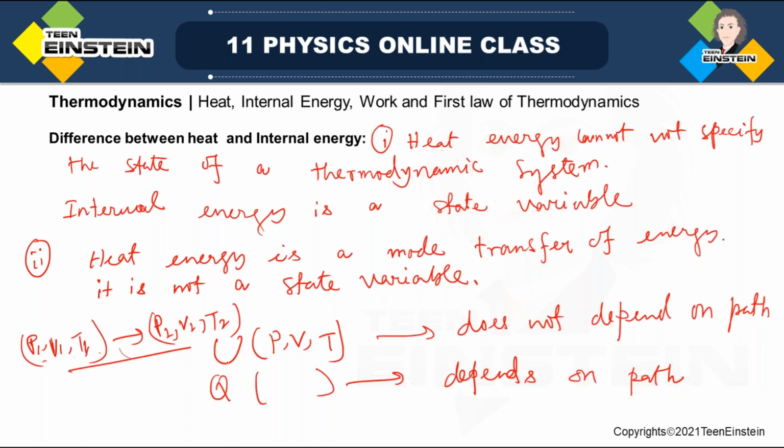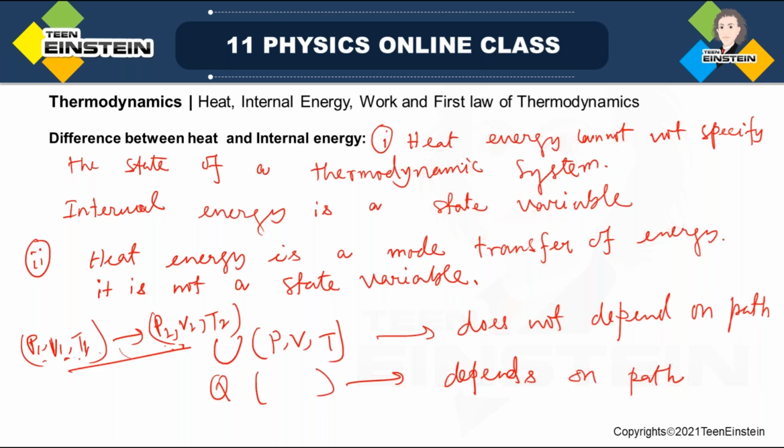Whereas internal energy, since it is a state variable, depends only on the initial and final state. It doesn't depend on the intermediate path you take. Okay, so these are a few basic differences.